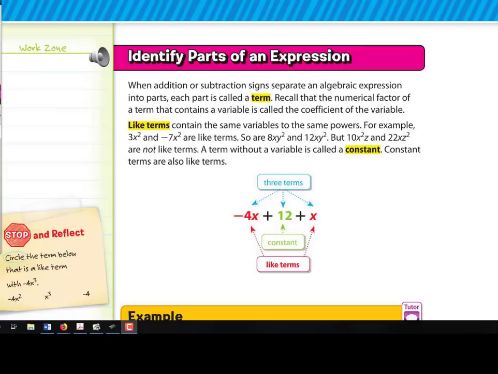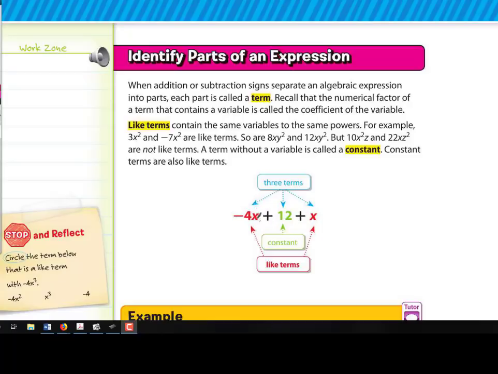As we look at identifying parts of an expression, there are a couple different things we want to keep track of. First, the number of terms. Each of these represents a term. Our terms are separated by these addition signs. Then we have what are called like terms. These are x's and these are x's.